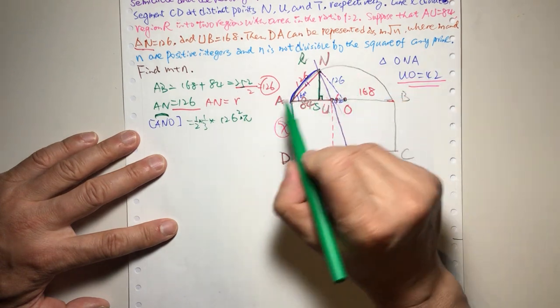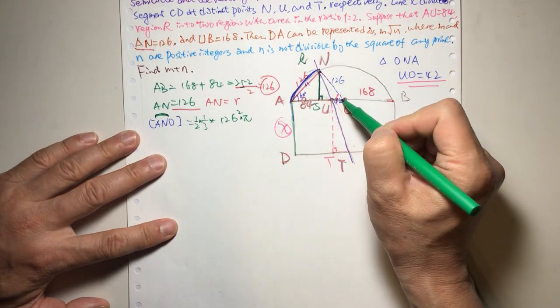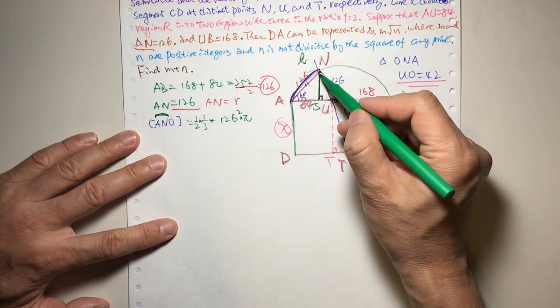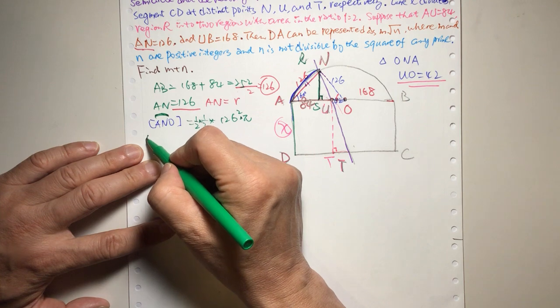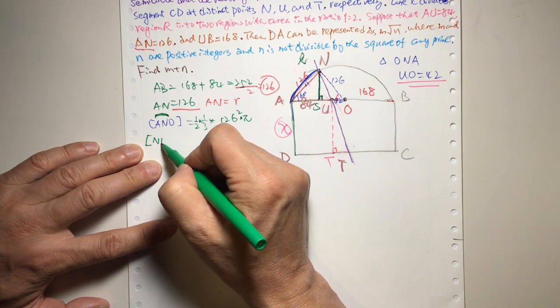That's the area of the sector ANO. That's one. And now we calculate the area of triangle NUO.